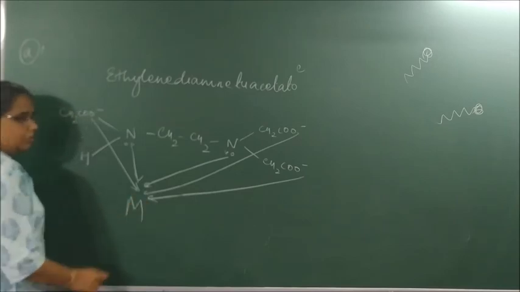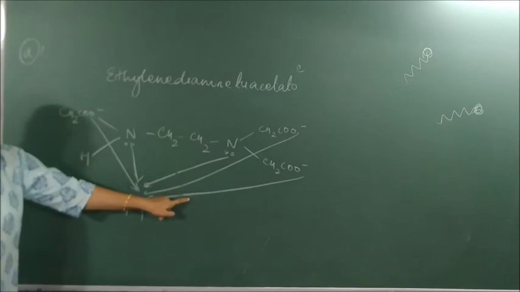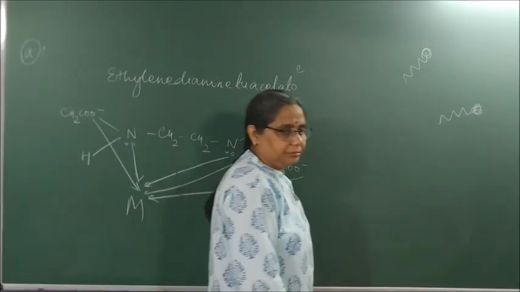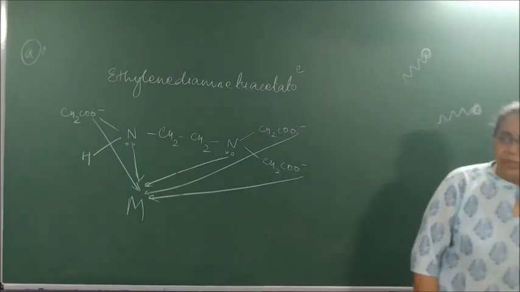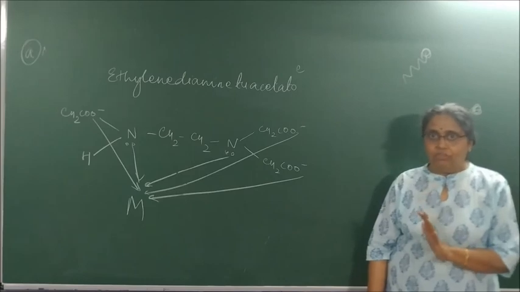This is donated to the metal atom. So 1, 2, 3, 4, 5. Pentadentate again. I am not teaching the abbreviations because it is generally not used. Wherever it is needed, I will teach you the abbreviation.